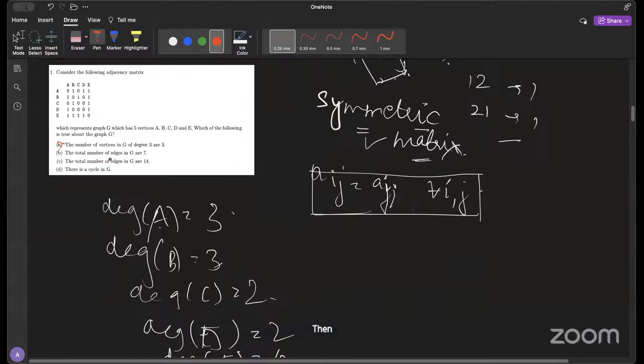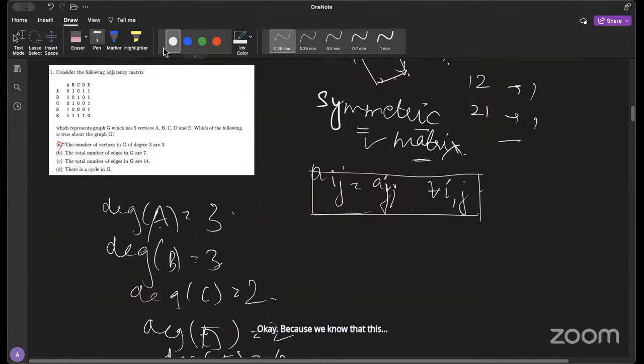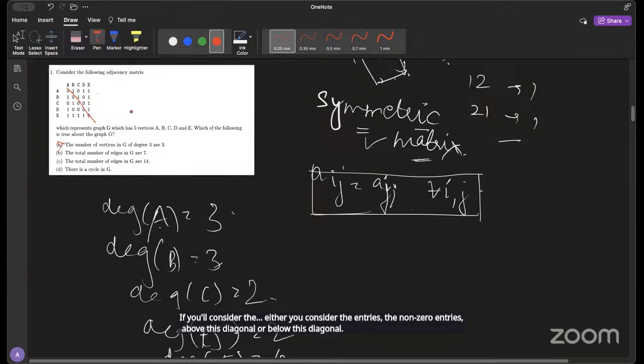Then coming to the second one, the total number of edges in G is 7. Okay, they're talking about edges. So about edges, you can count the number of non-zero entries just above the diagonal, because it's a symmetric matrix.